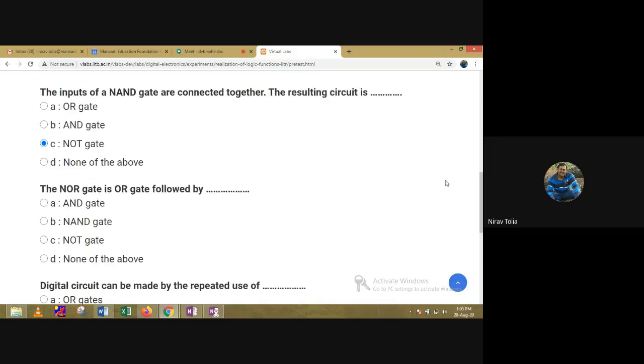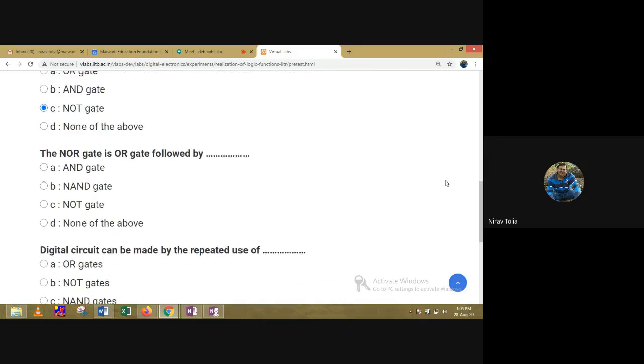Now, the NOR gate is an OR gate followed by which gate? So question number 3. The NOR gate is an OR gate followed by AND gate, NAND gate, NOT gate, or none of the above?